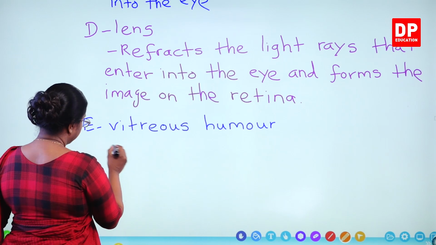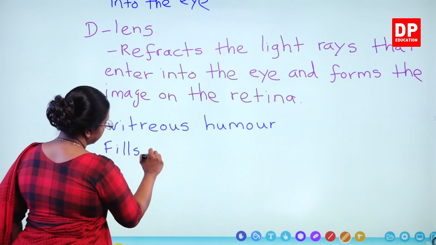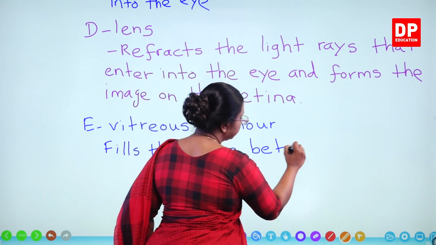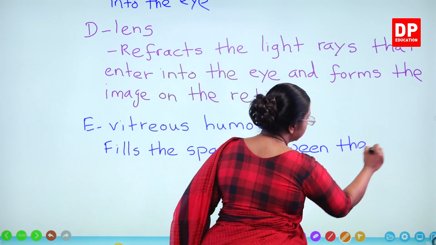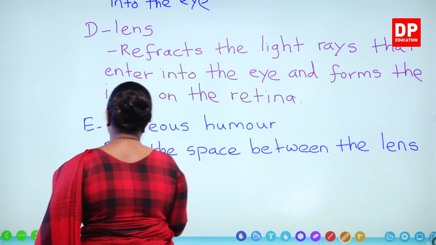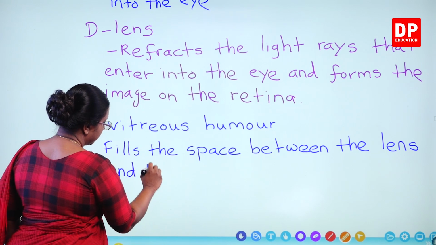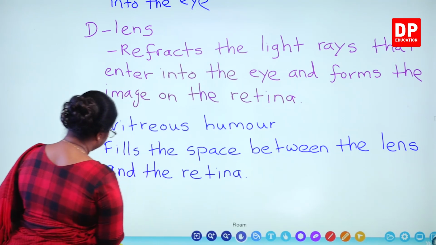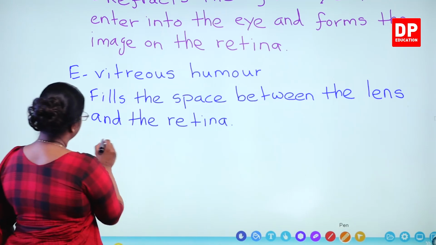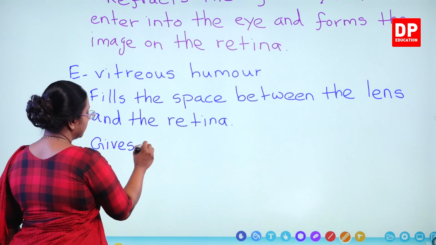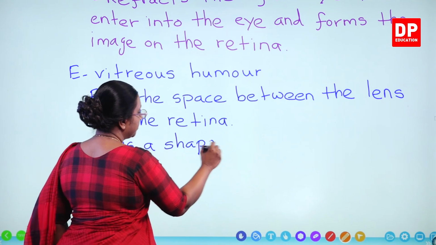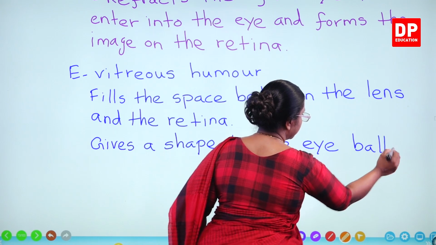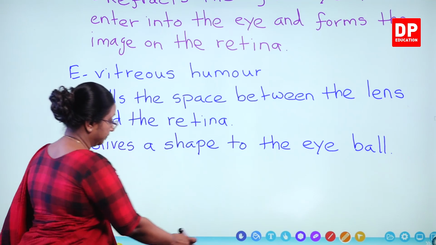So this fills the space between the lens and the retina and also gives a shape to the eyeball. That is the function of E.